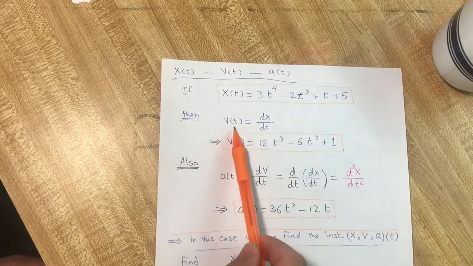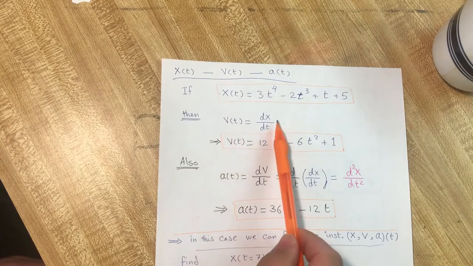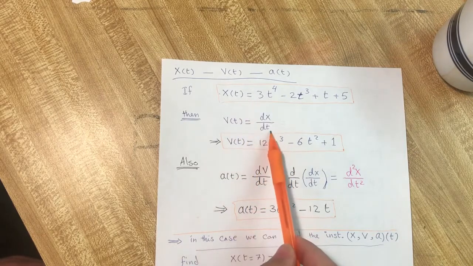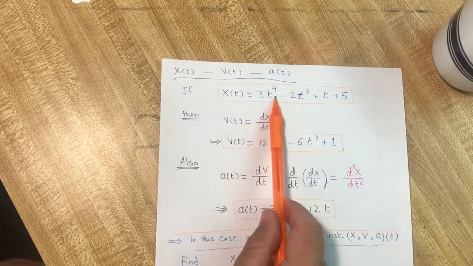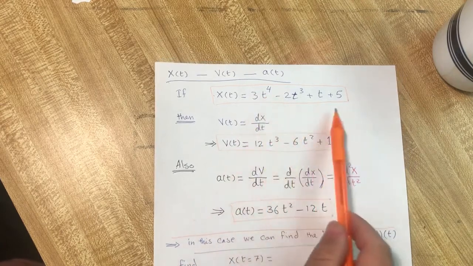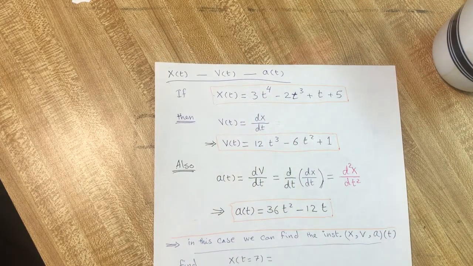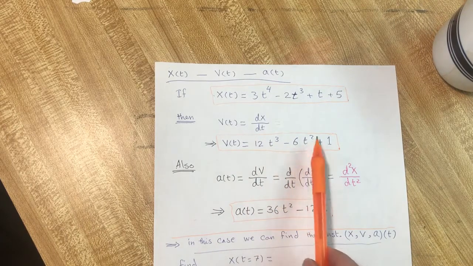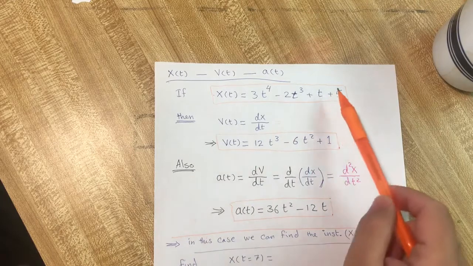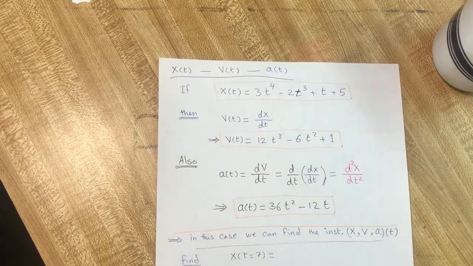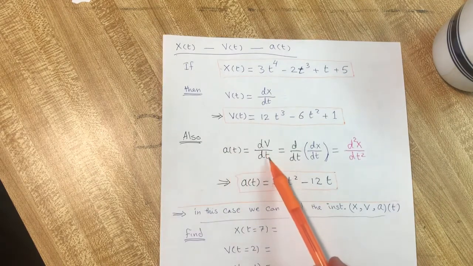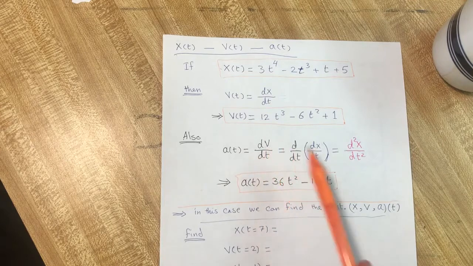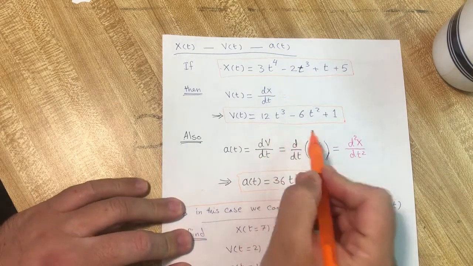Then the velocity as a function of t is the derivative of the position with respect to t. If we differentiate this function, it will be 12t cubed minus 6t squared plus 1, and the derivative of 5 is 0. And the acceleration is the derivative of the velocity, but the velocity is the derivative of x.